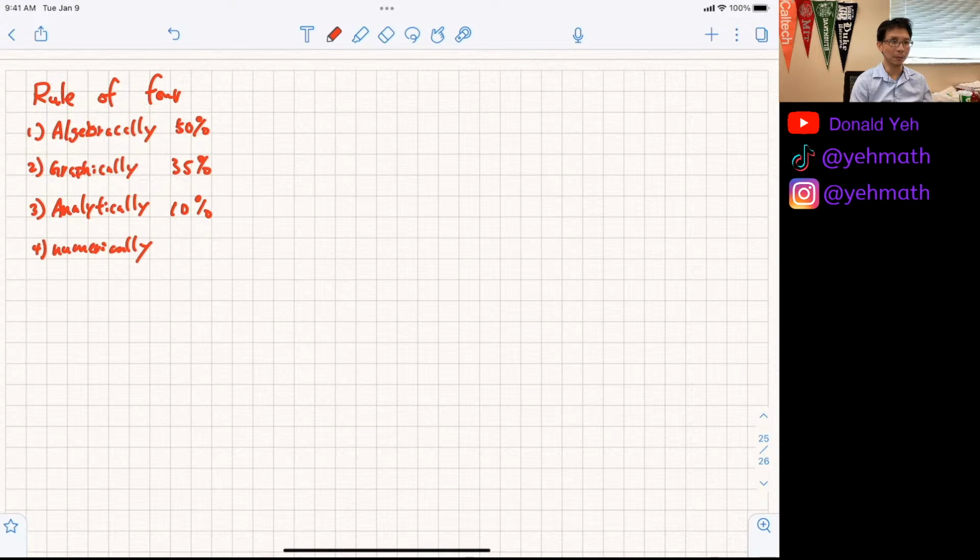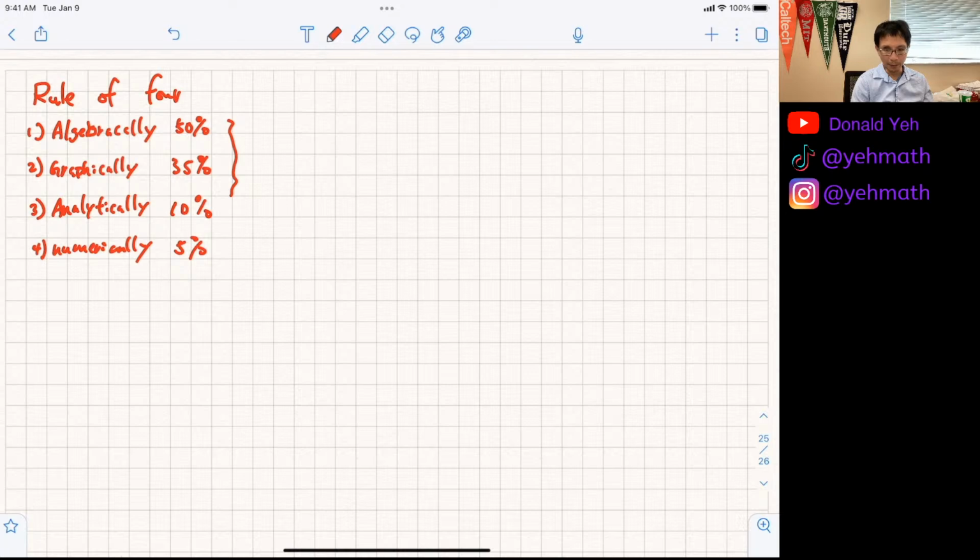Estimation, a bigger slope or negative slope or whatever. Numerically, just plugging in each individual value, that usually happens a very, very small amount of the time, and that doesn't really increase your test score. So I would say you want to focus on the first three: algebraically, graphically, and analytically. Numerically, just understand how this graph works, or how this number works.